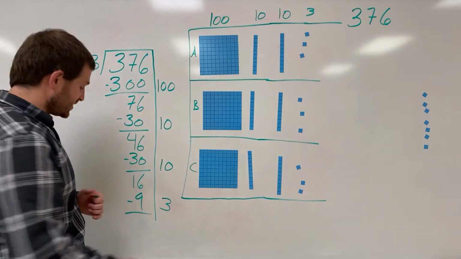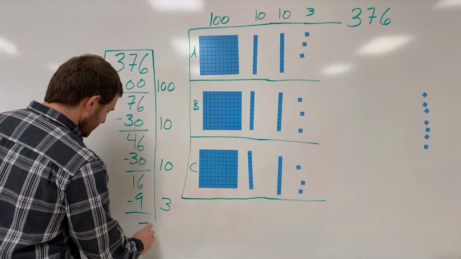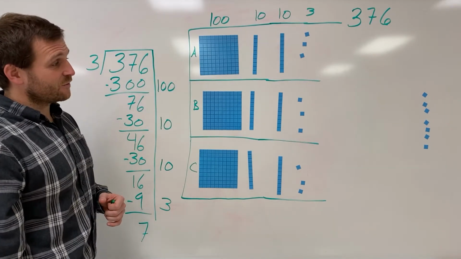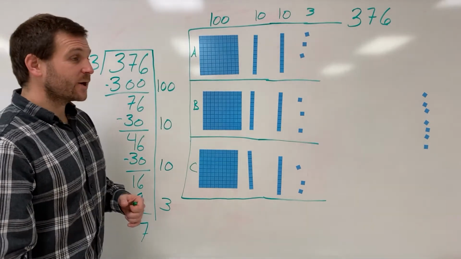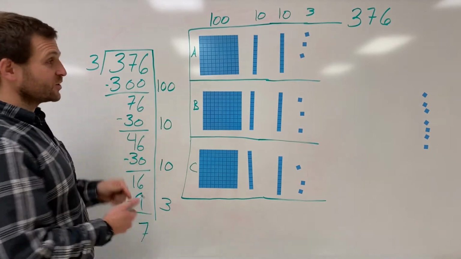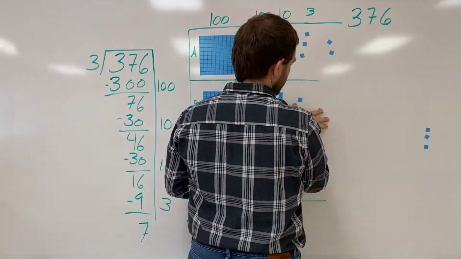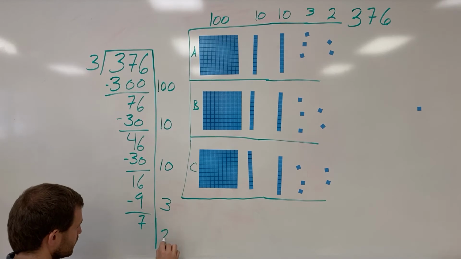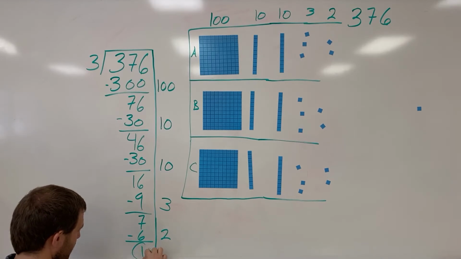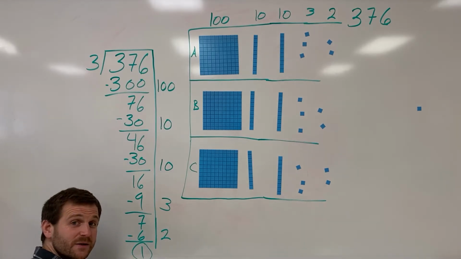Subtract out, 16 minus 9 is going to give me 7 left over. So I'm looking. I know I can do groups of 2, because 2 times 3 will give me 6. And I have 1 remaining.